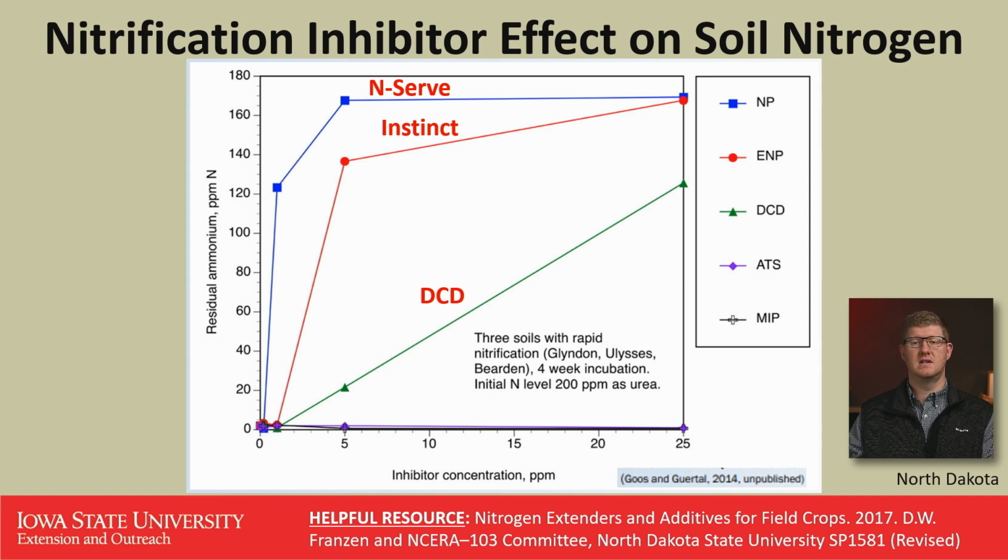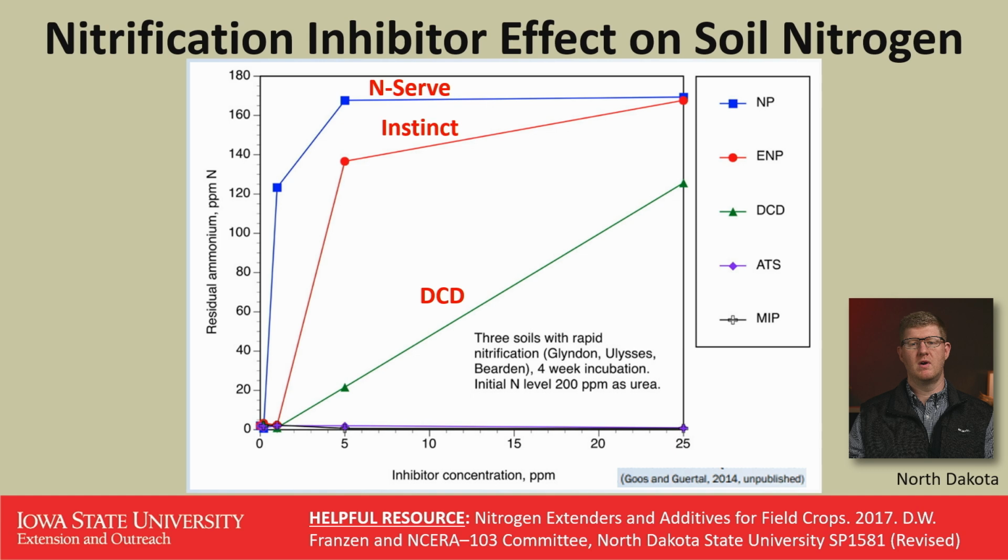And what you'll notice is that there's a pretty linear increase in how well DCD works as you increase the concentration of the product. This is pretty standard in terms of looking at DCD efficacy. How well DCD performs is highly tied to the concentration of the product that you get. So if you're going to use a DCD product, make sure you're checking the label and getting the one with the highest percentage of DCD as the active ingredient.